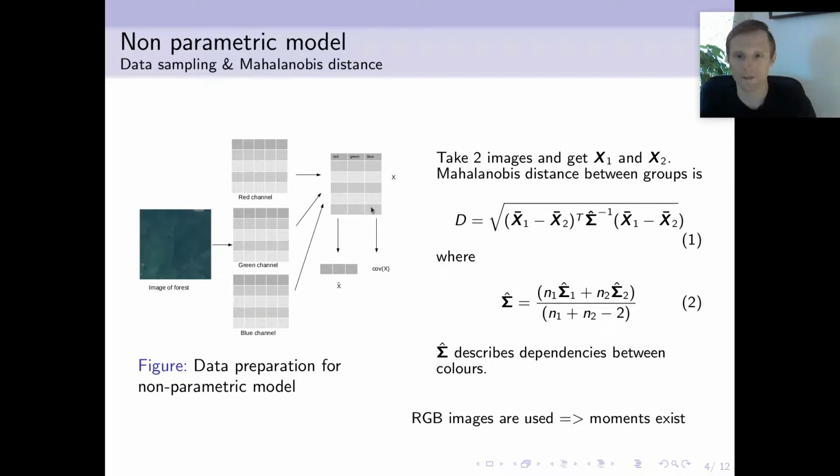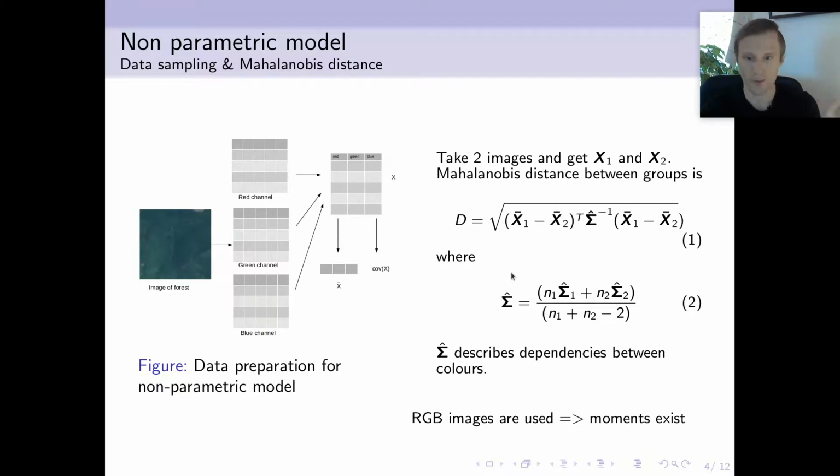Now suppose we have two images, a reference forest image and an arbitrary test image. We obtain X1 and X2, and then we compute the Mahalanobis distance between these two images according to Formula 1. X bars here are just sample mean vectors, and this sigma hat is the pooled covariance matrix, which is given by Formula 2.